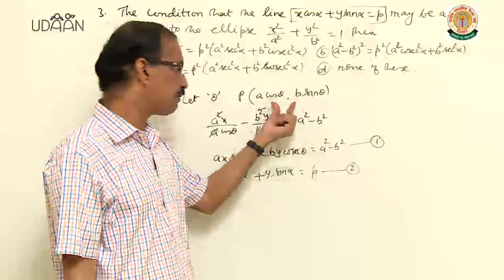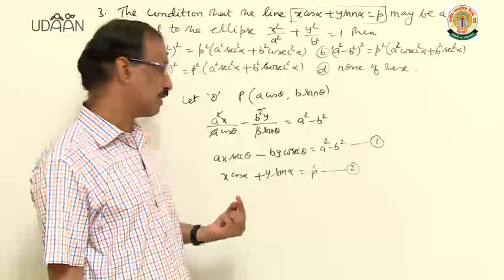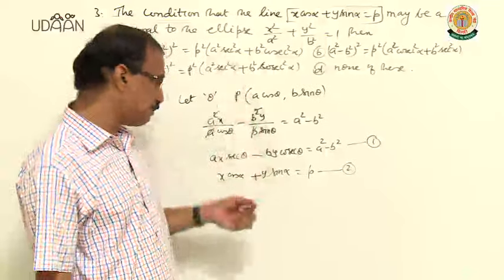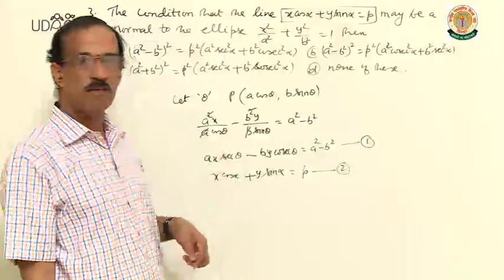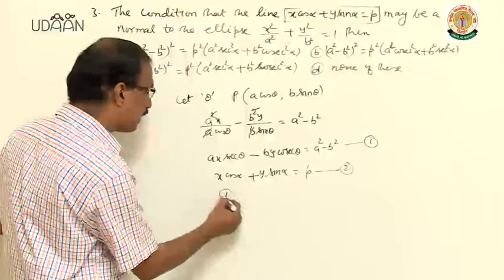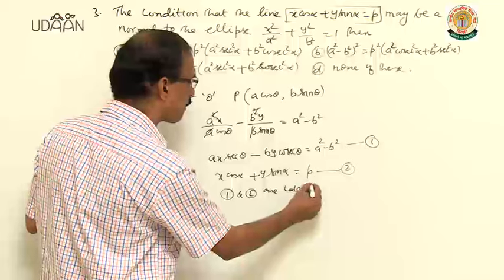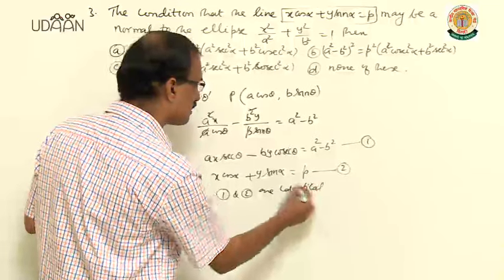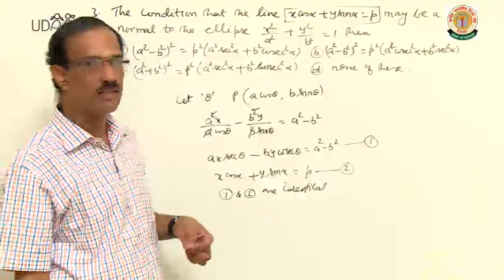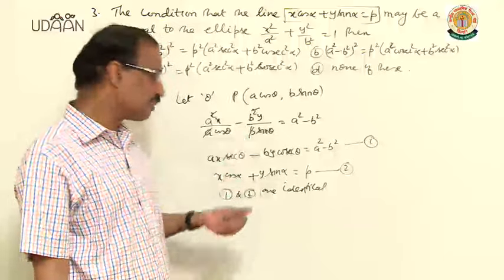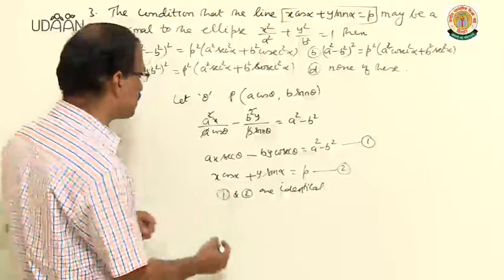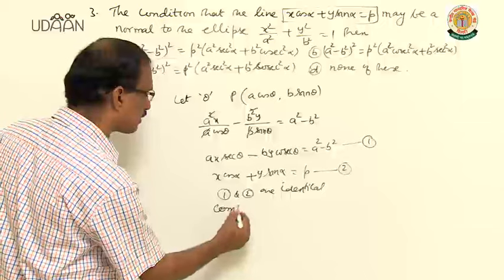If this is a point, you get this equation of a normal. So if at the same point this is a normal, then we say 1 and 2 are identical. That means they are the same equation, so we can compare both these equations.